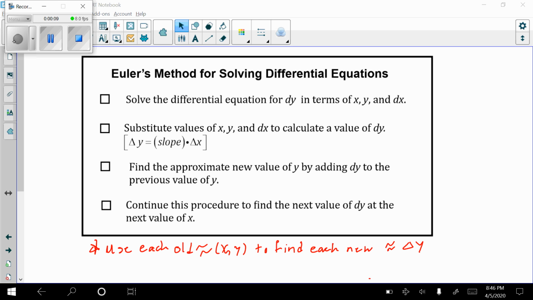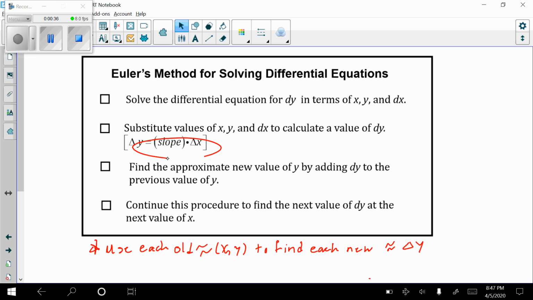Now, in the last video we ended by showing you how to use the information given in the problem: this is the expression for the differential equation, our step value, meaning our delta x, is going to be something, and we have some initial conditions, and we have to find our new y value. We definitely need to pay attention to that.